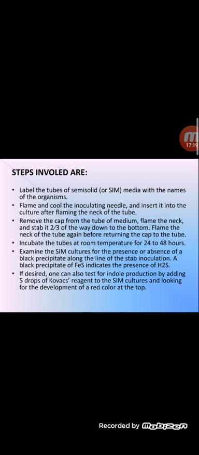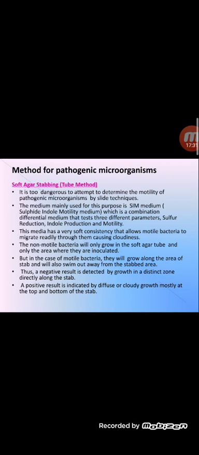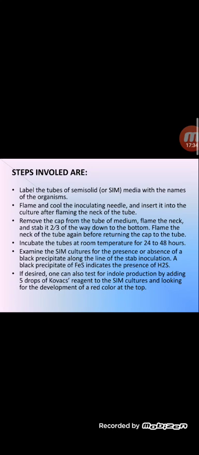We already said that this SIM is a differential medium, so it can be used to identify sulfur reduction, indole production, and motility. And if desired, one can also test for indole production by adding 5 drops of Kovacs reagent to the SIM culture and looking for the development of red color at the top.